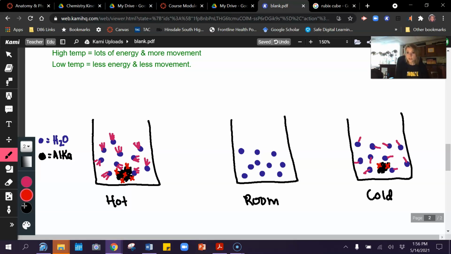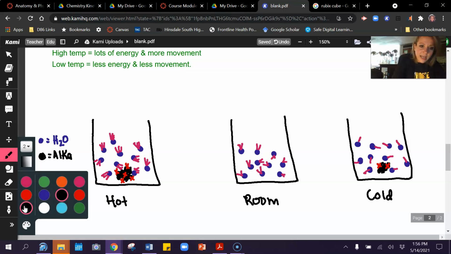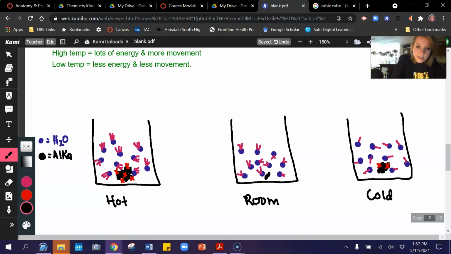and that is going to produce a very slow reaction rate. And then finally at room temperature, I'm sure you can kind of deduce what this is going to look like. It's a little bit warmer than the cold water, but it's cooler than the hot water, so they're going to get just 2 little zoomy tails showing you that they're moving around at a medium rate of speed, and they are not going to collide as much with my Alka-Seltzer tablet as my hot molecules did, but they will collide more than my cold.